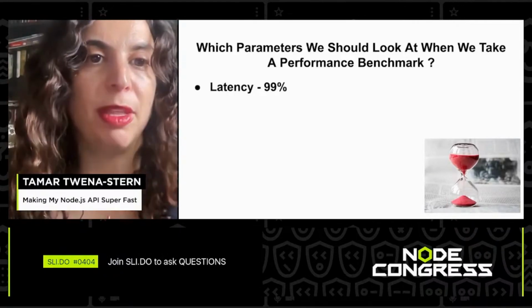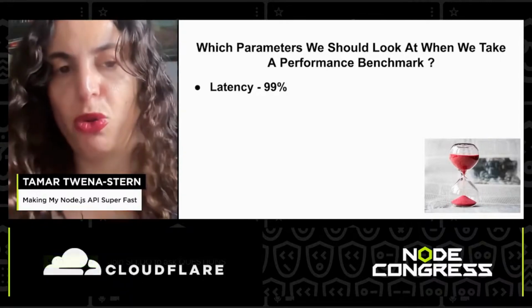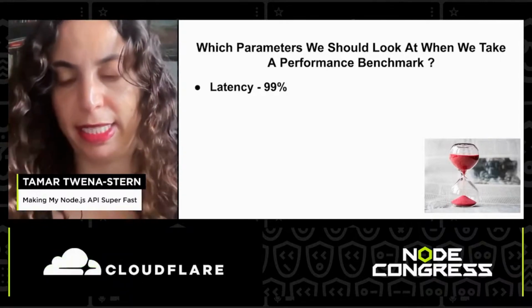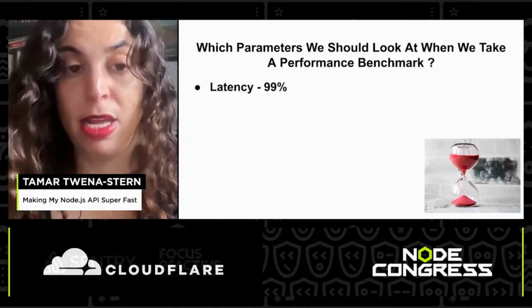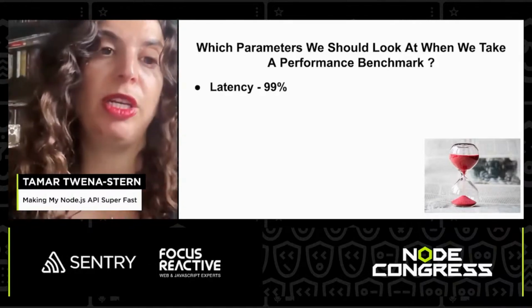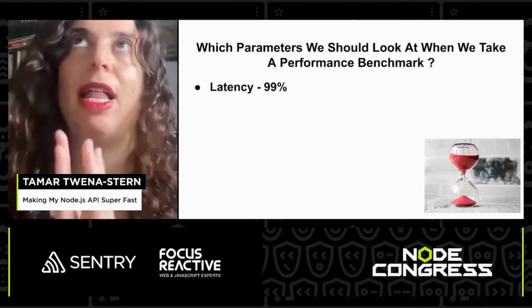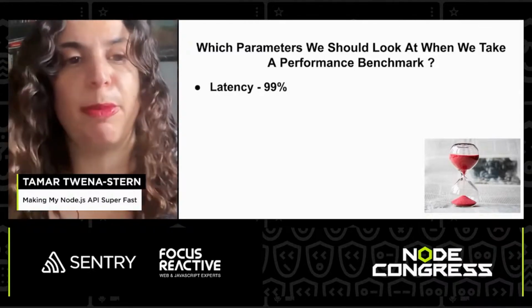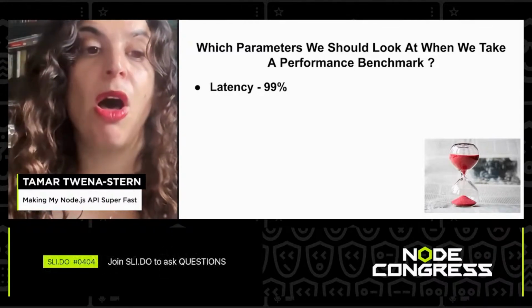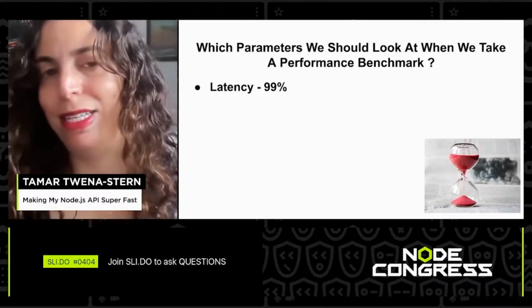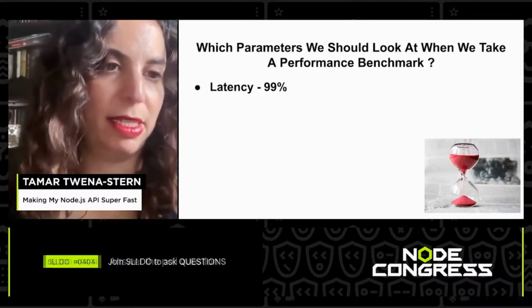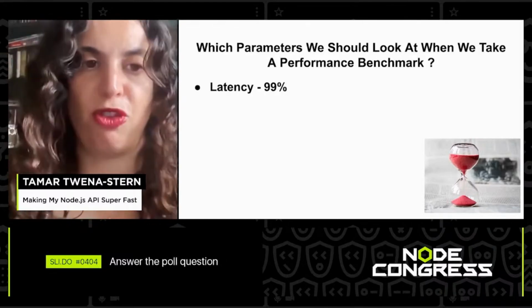The most important measurement is, first of all, the latency. You need to look at the 99th percentile, not the average, because when you have a contract with a third party and you're telling them all of my requests are faster than this, you need to give them the 99th percentile in the latency, not the median, not the average.